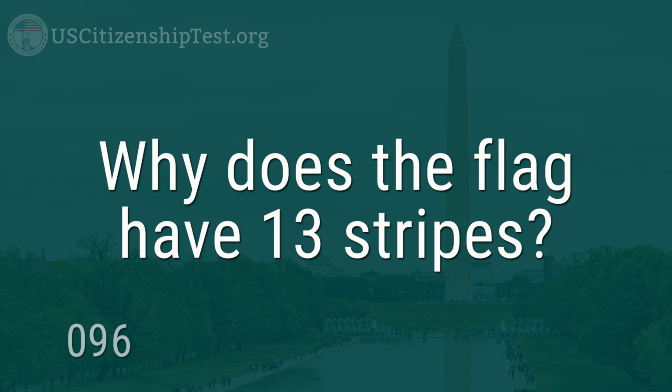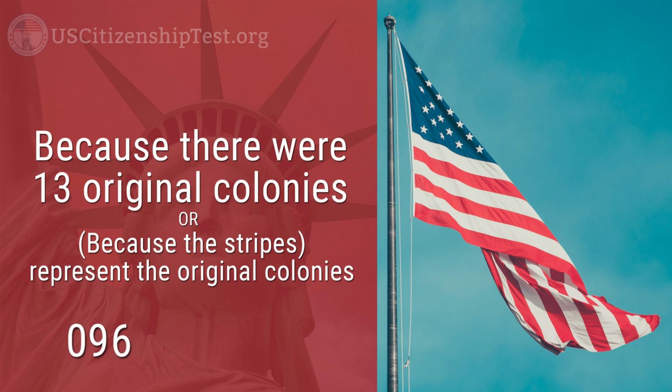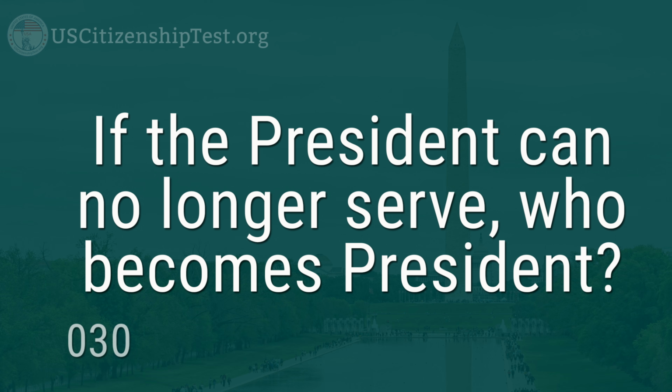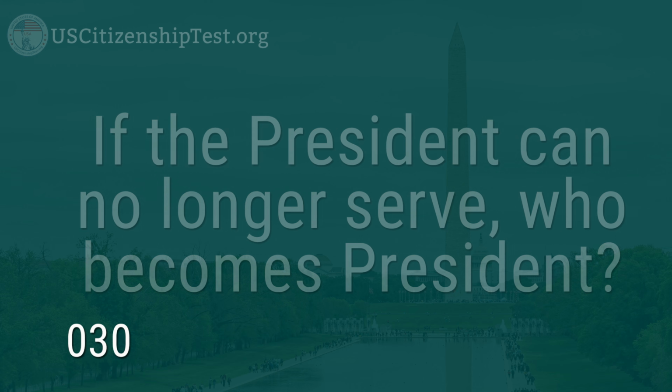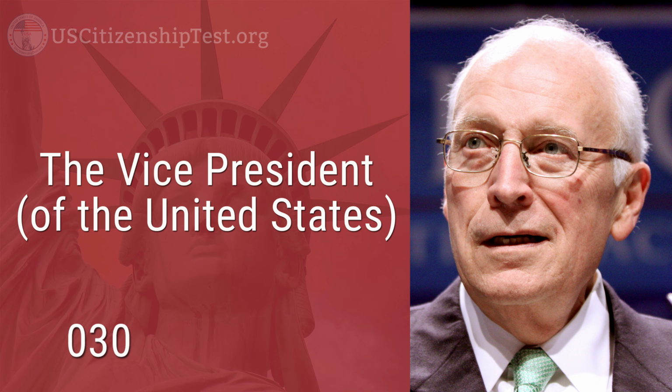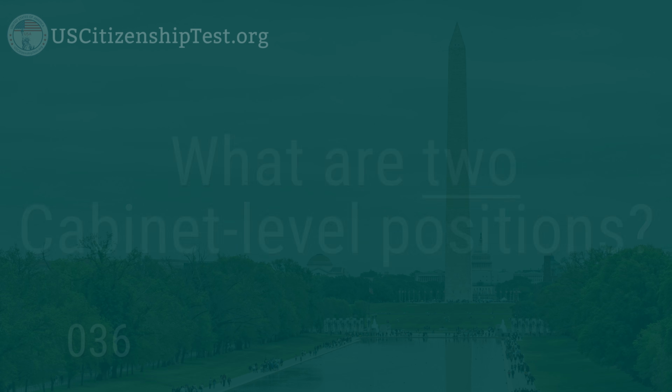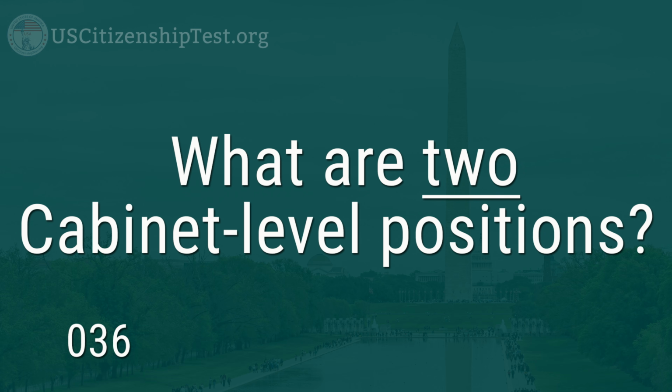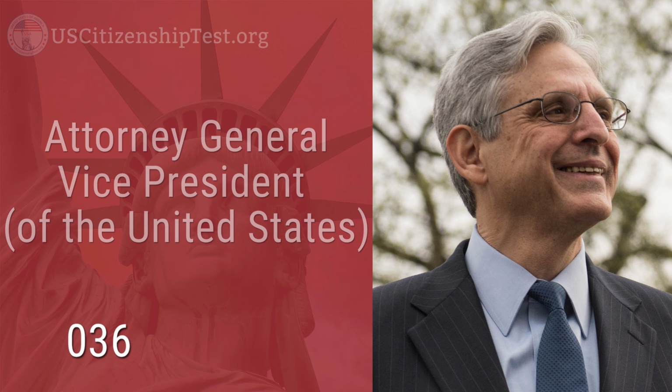Why does the flag have 13 stripes? Because there were 13 original colonies. If the President can no longer serve, who becomes President? The Vice President. What are two cabinet-level positions? Attorney General, Vice President.